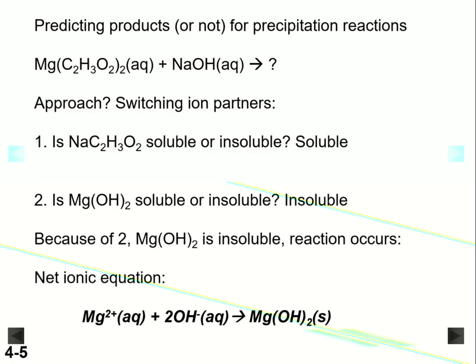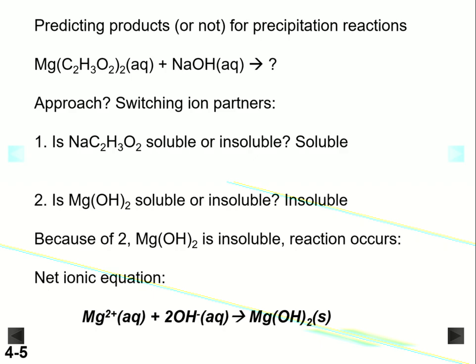Does something happen? Well, we use our approach. We switch the ion partners. Number one is sodium plus the acetate. Is that soluble or insoluble? If you go look at your solubility rules, you'll see all acetates are soluble and all group 1 metal salts are soluble, so that is a soluble ionic compound.